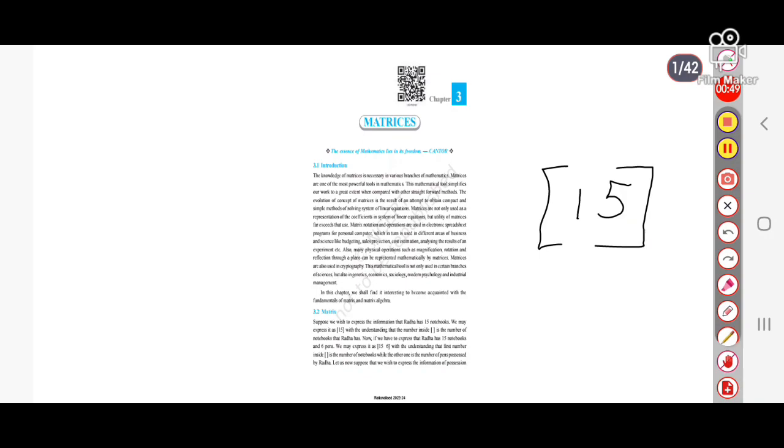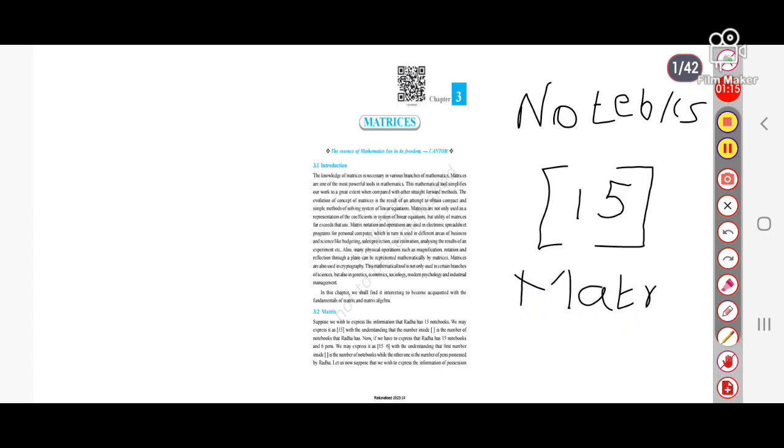For understanding the number of items present, for example, they are speaking about notebooks, right? The number of notebooks that the girl Radha is having, 15 notebooks, is represented like this inside the square bracket. So that is the general expression of the term matrix.